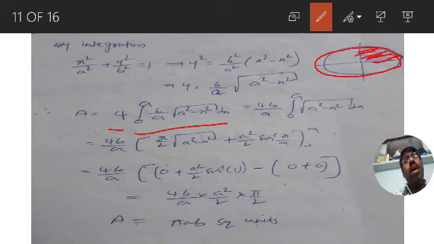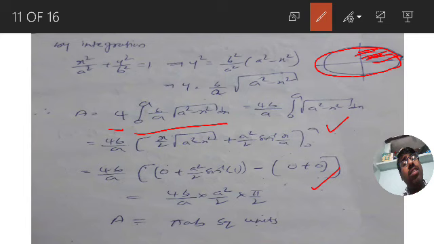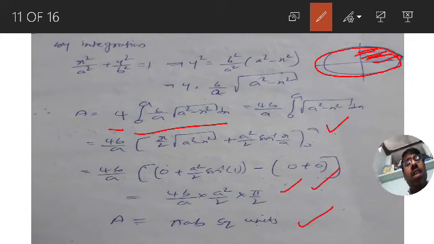For b by a constant outside, apply the formula 9 standard integral, upper limit minus lower limit, just like the above problem. Sine inverse of 1 is sine inverse of sine 90, sine inverse sine cancel, 90, that is pi by 2. The a and a cancel, 2 and 2 cancel, 4 and 4 cancel. So answer is pi a b square units.